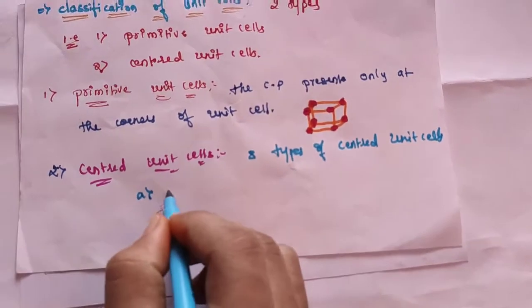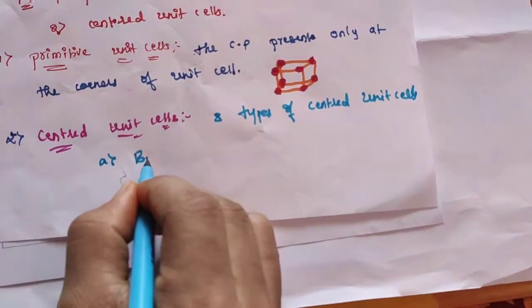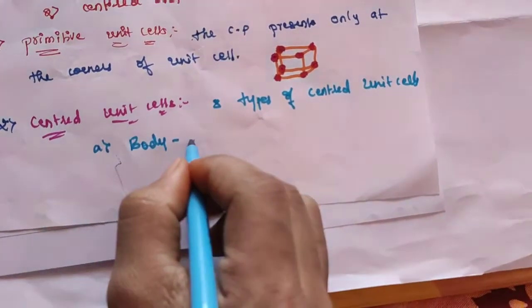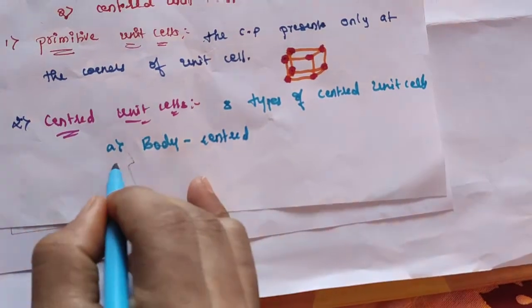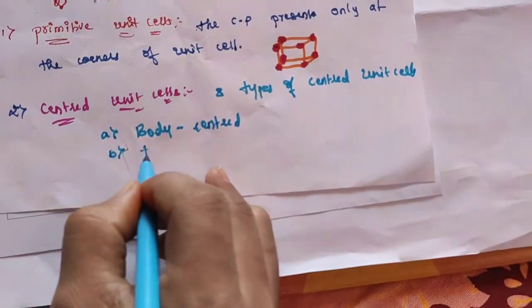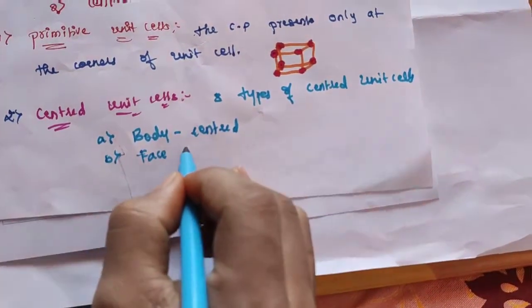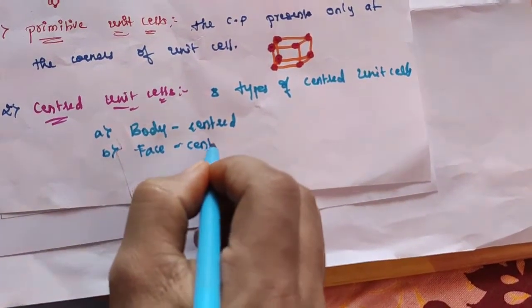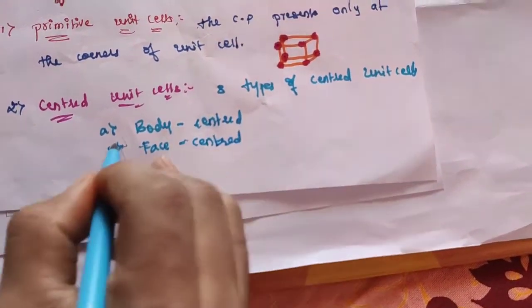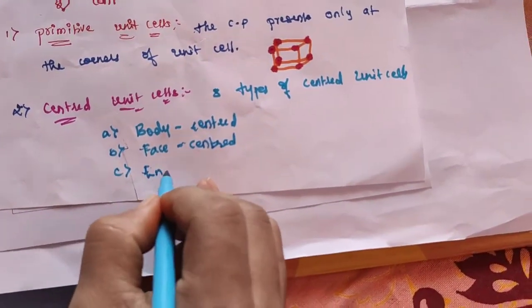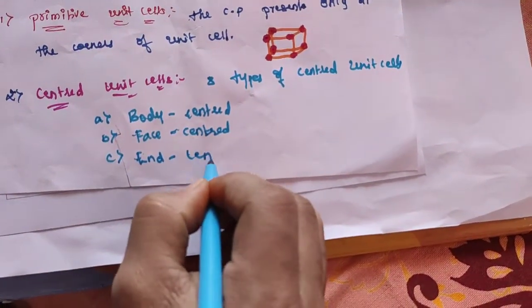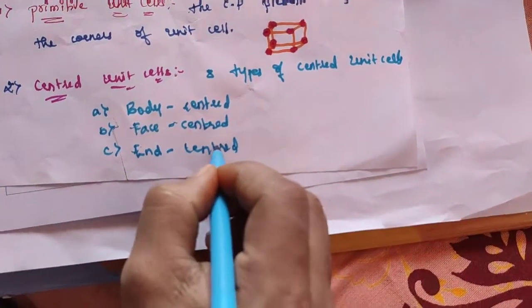The first one is body centered unit cells. Second one is face centered unit cells, and third one is end centered unit cells.